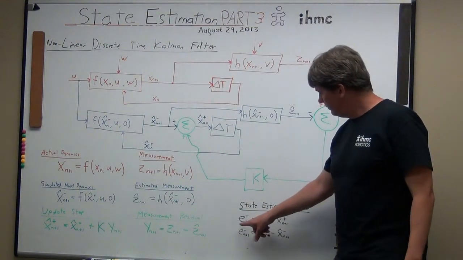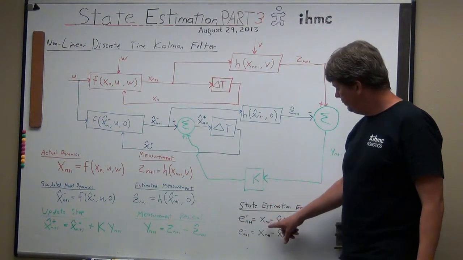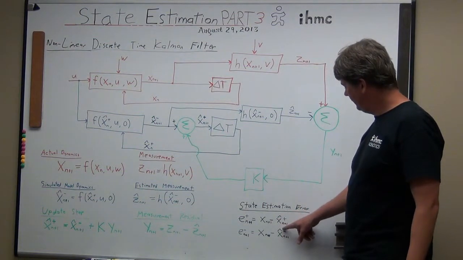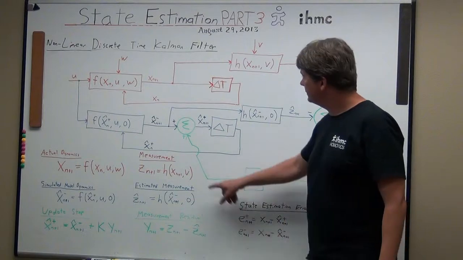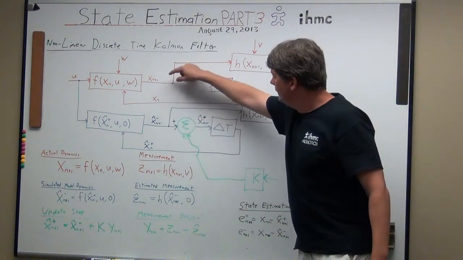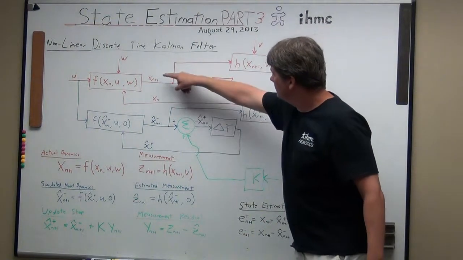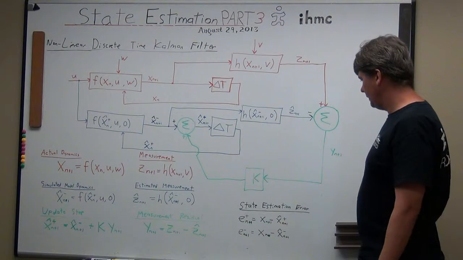So we write e sub n plus 1 with a plus to be the state x n plus 1 minus the estimated x n plus 1 plus, so that's this guy. And then with the minus, that's comparing, so subtracting these two states is the error plus, subtracting these two states is the error minus.